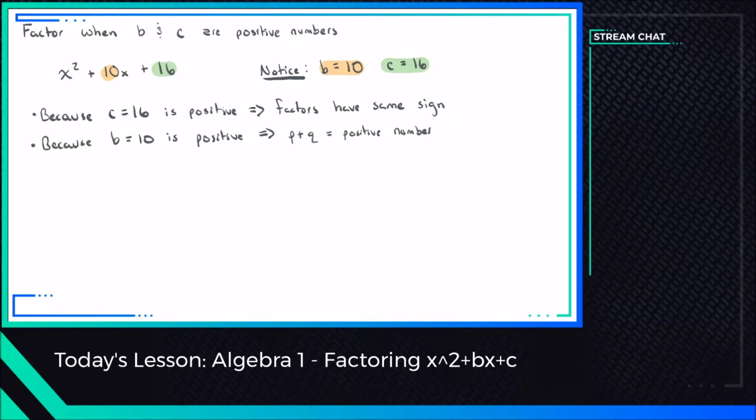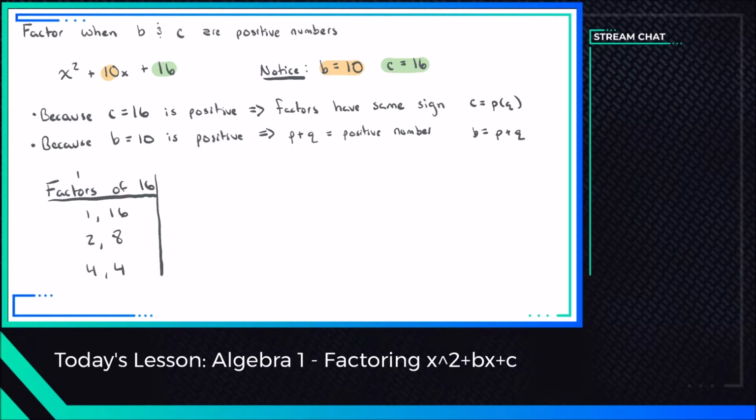Since c is equal to two numbers multiplied together, because c is equal to p multiplied by q, and b is equal to p plus q, all we're going to do is start with this number c and list the factors of 16. One factor pair of 16 would be 1 multiplied by 16. Another would be 2 multiplied by 8. And finally 4 multiplied by 4.